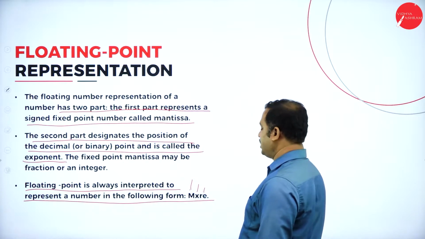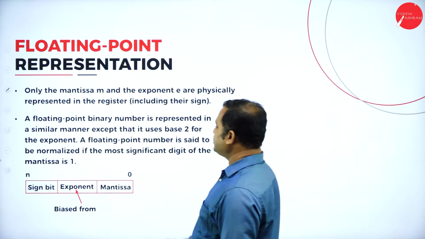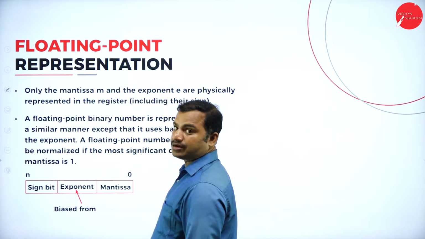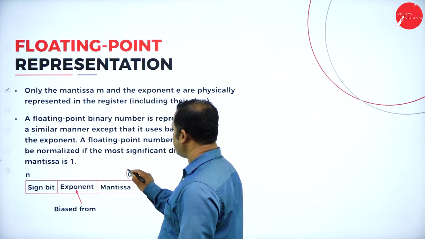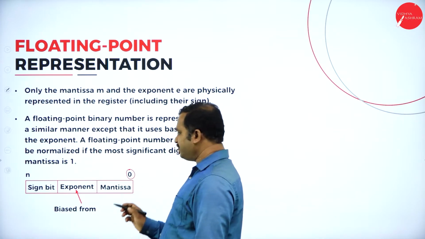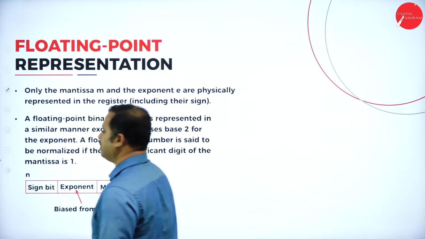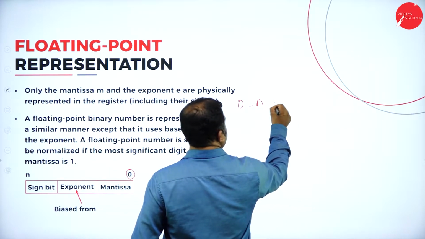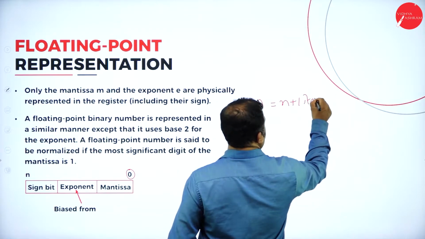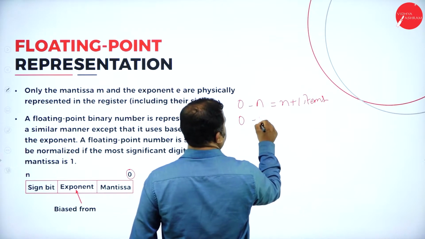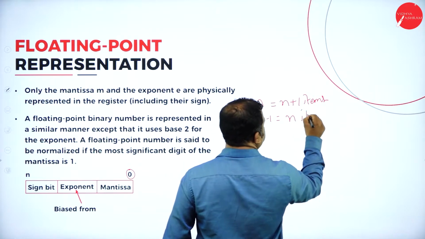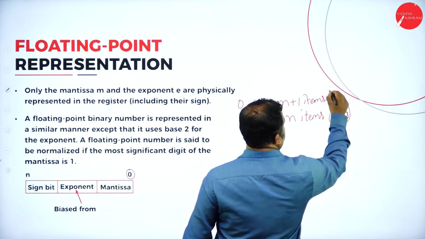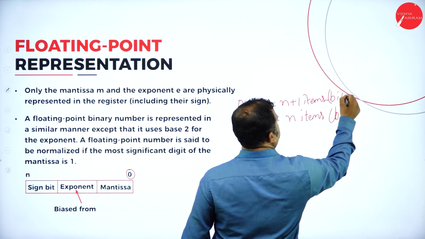We have a sign bit here, exponent bits here and the mantissa bits here. The mantissa bits begin from 0, going from right to left, up to n. 0 to n represents n plus 1 items, whereas 0 to n minus 1 indicates n items or n bits I can represent. Here n plus 1 bits can be represented.